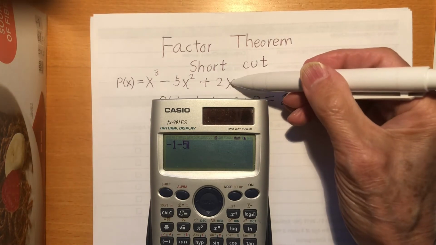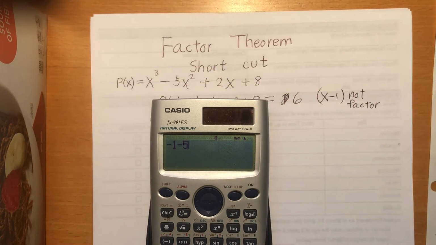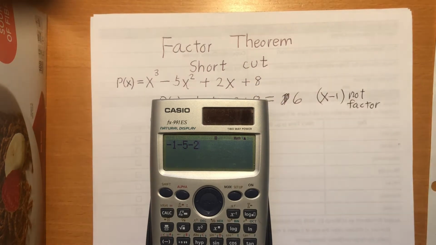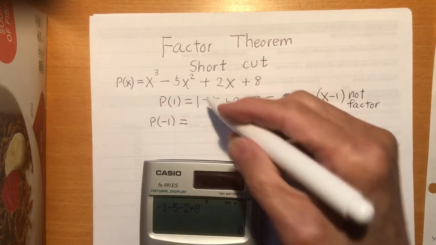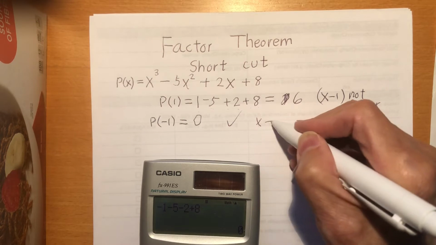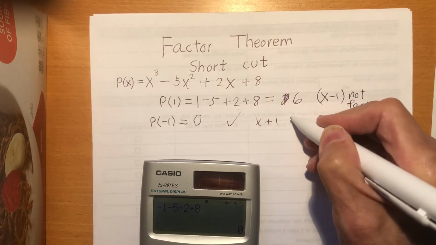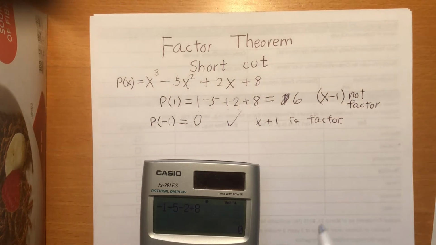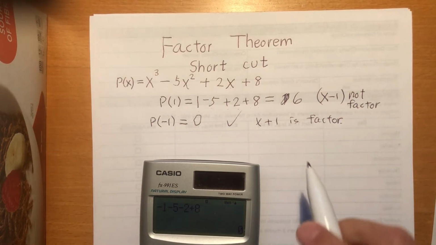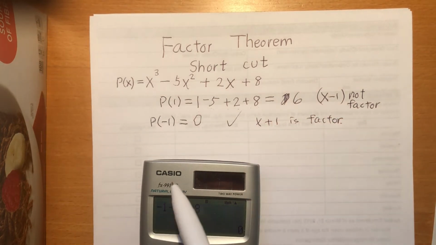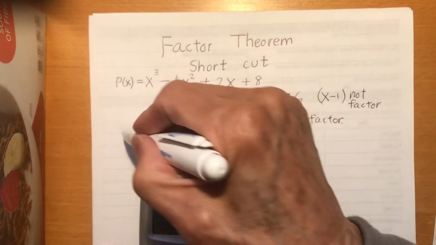And this is negative 1, so it's negative 2. And plus 8. It is equal to 0. So I have it. So x plus 1 is a factor. You got it? So try the simplest numbers, 1 and negative 1. Okay.